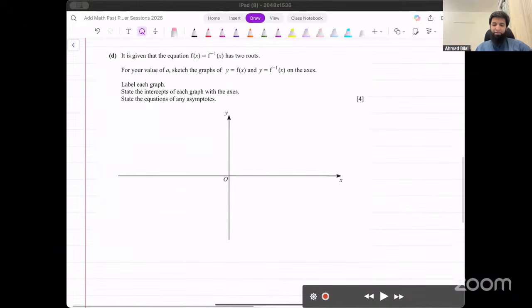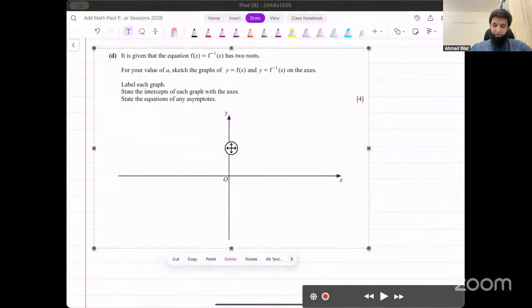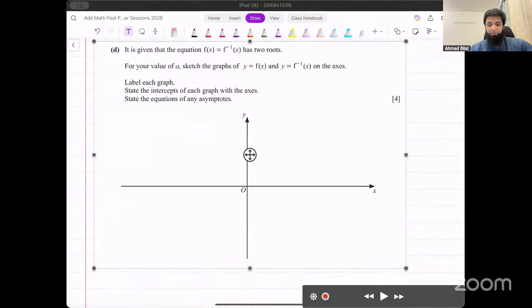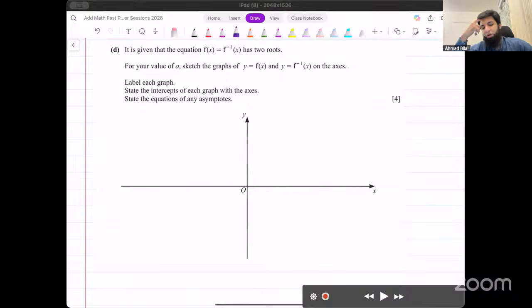Okay, now they're saying it's given that the equation f of x equals f inverse of x has two roots. Remember, where do the graphs of a function and its inverse meet each other?